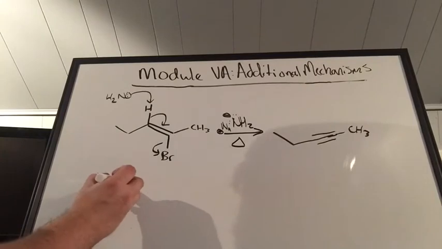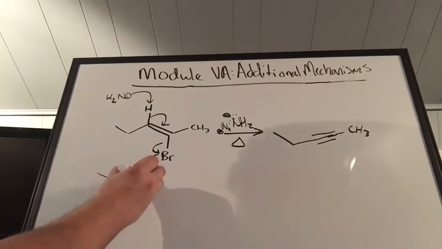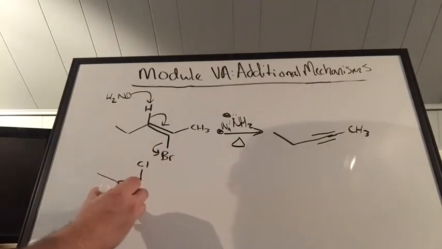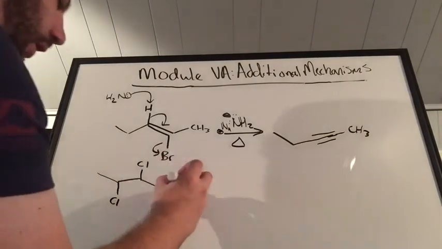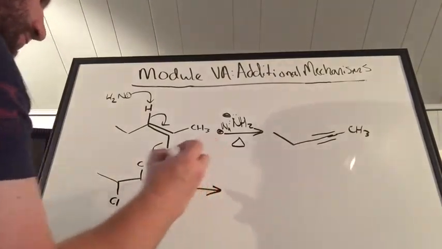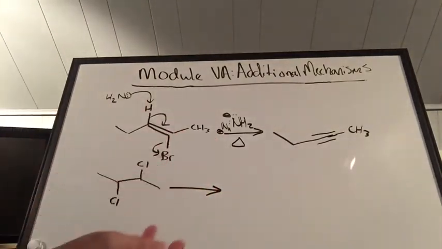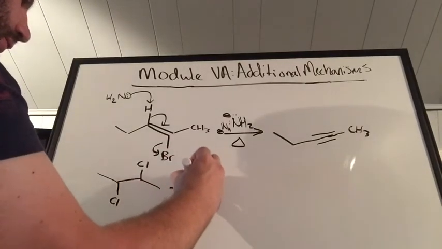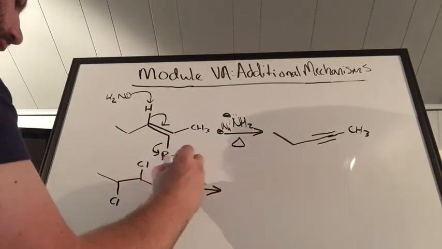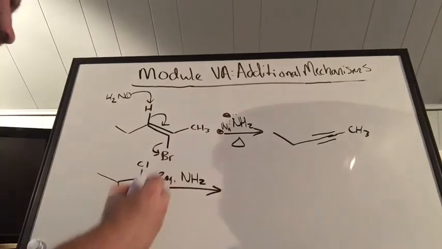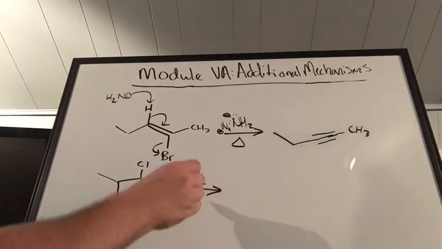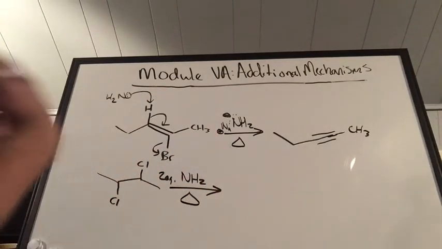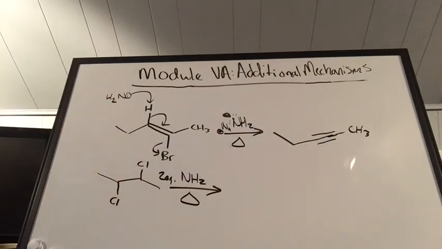So let's say we have 2,3-dichlorobutane, regardless of what kind of stereochemistry we have, because in the end, it's going to be a linear compound, right? So we'll say 2 equivalents. And of course, heat. Remember that heat is going to drive or push an E2 mechanism.